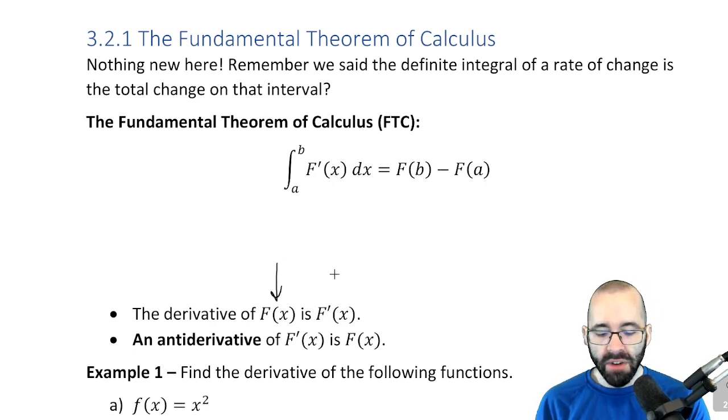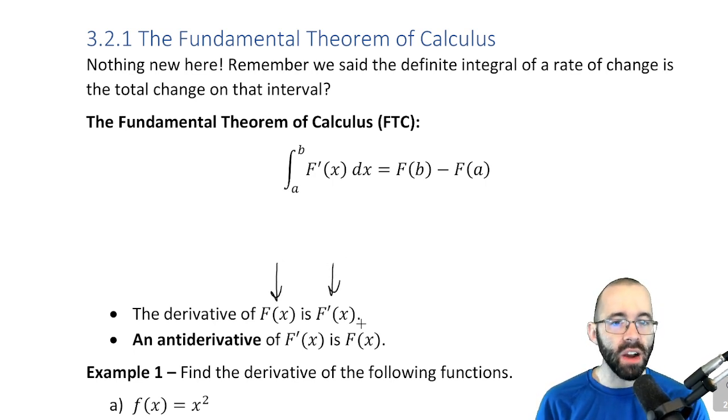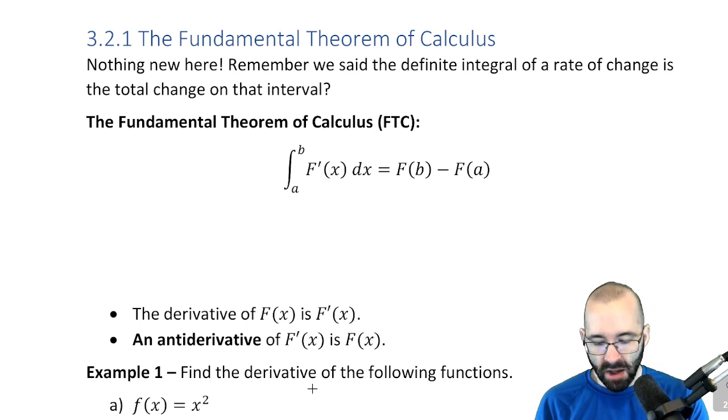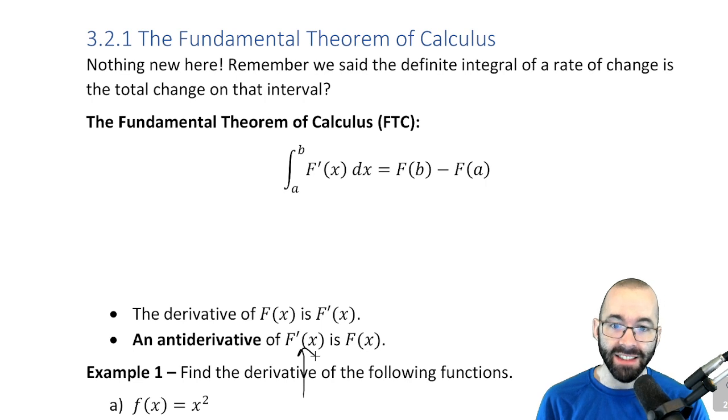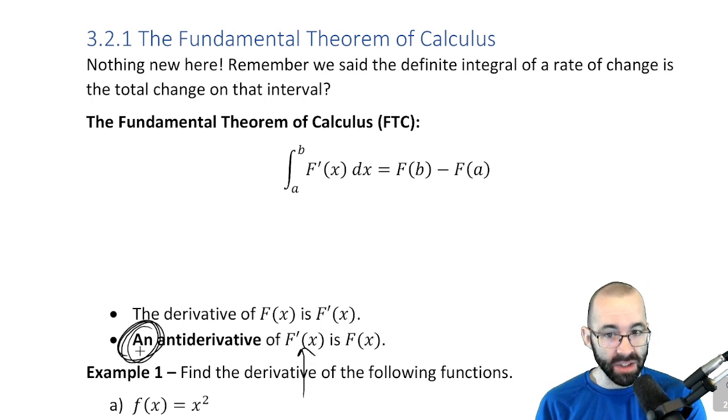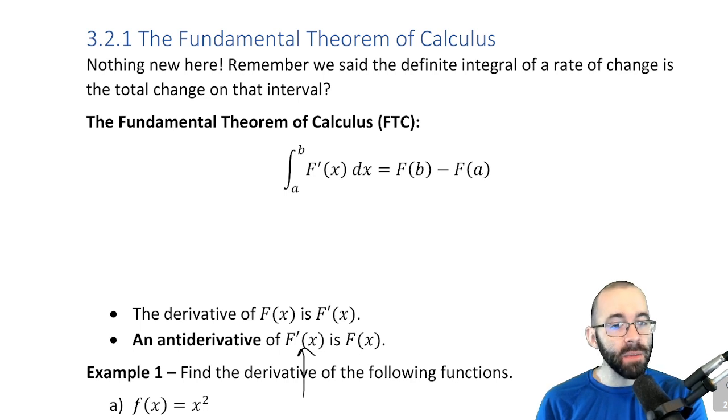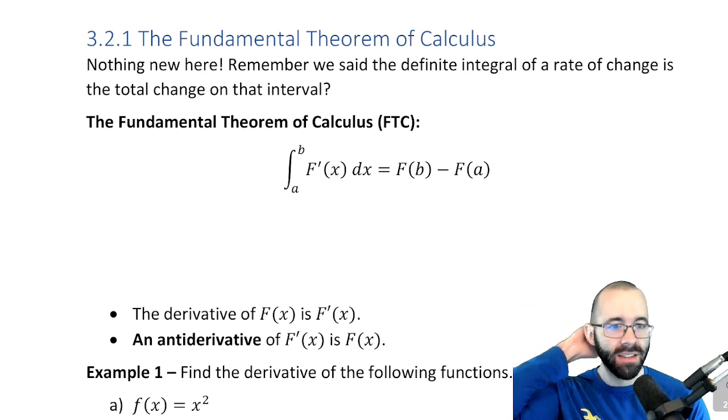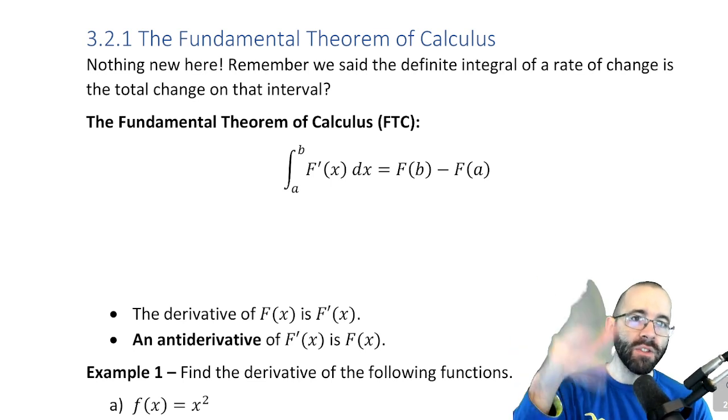So here's how chapter 2 and chapter 3 are connected. The derivative of a function is f prime. The antiderivative, an antiderivative, that wording choice is very important. An antiderivative of f prime is f. So antiderivative is just flipping, right? 2 squared is 4.